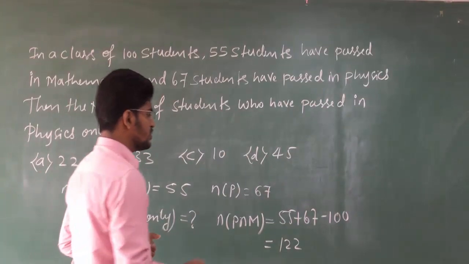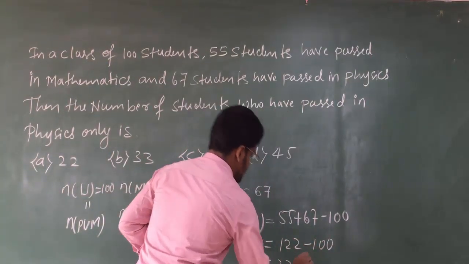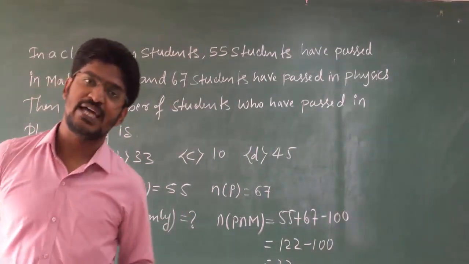Clear? 122 minus 100 will be 22. So 22 students have passed both physics and maths.